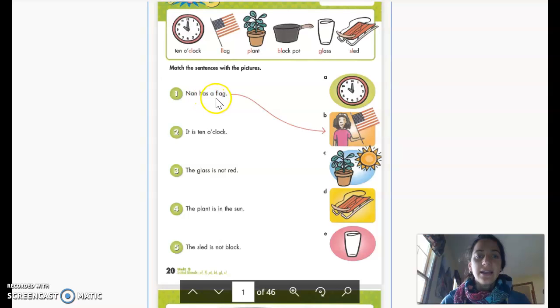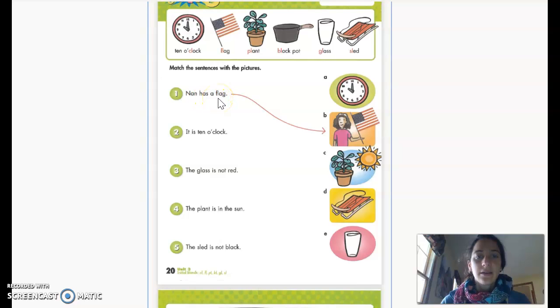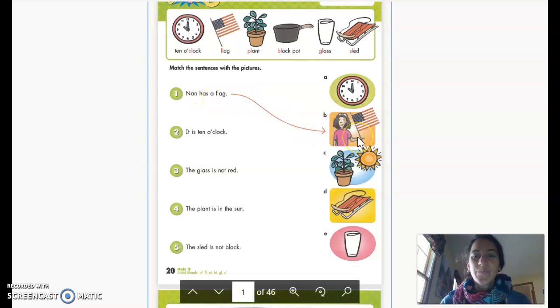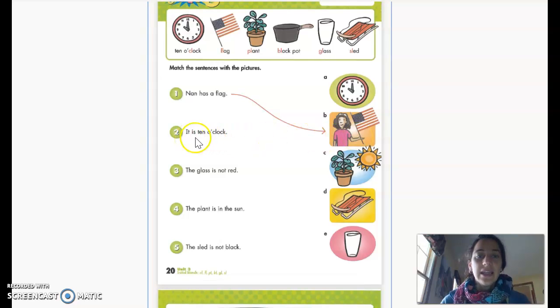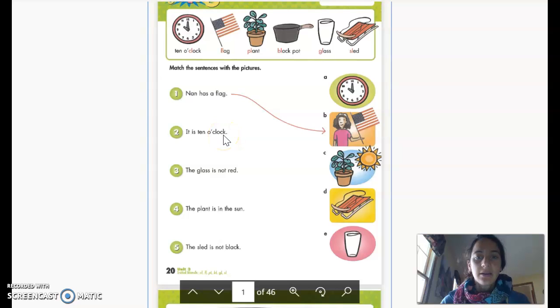Nan has a flag. Great. Number 2. It is 10 o'clock. The glass is not red.